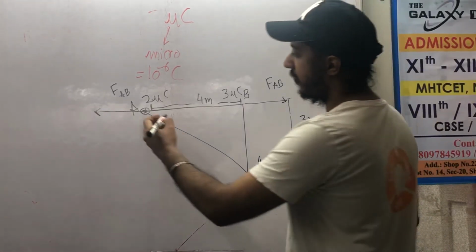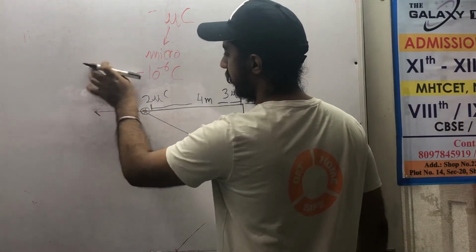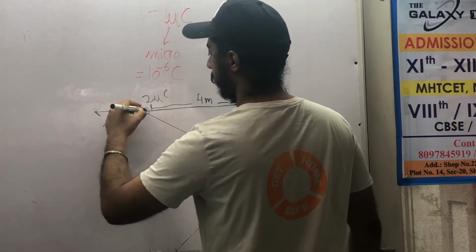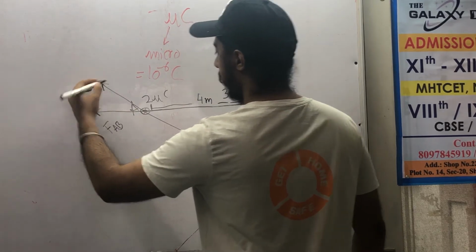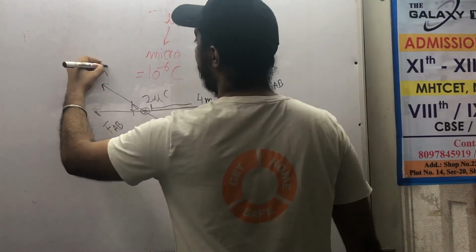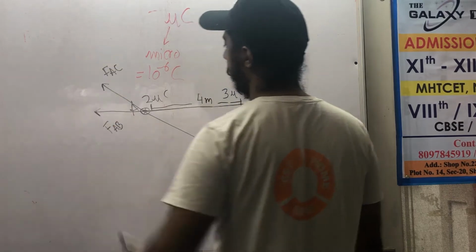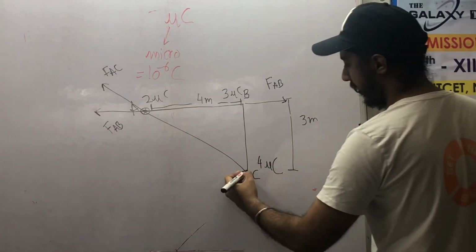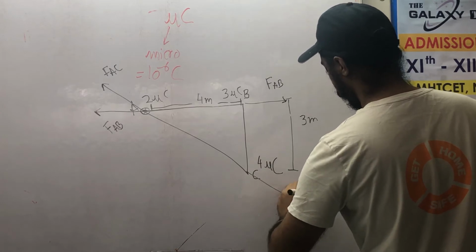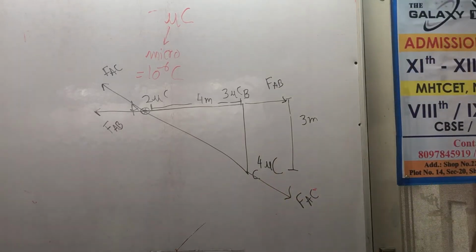Another force will act on this one. What will be the magnitude of that force? I will name it FAC. We will find the magnitude later. Okay, I hope that is clear to you all.